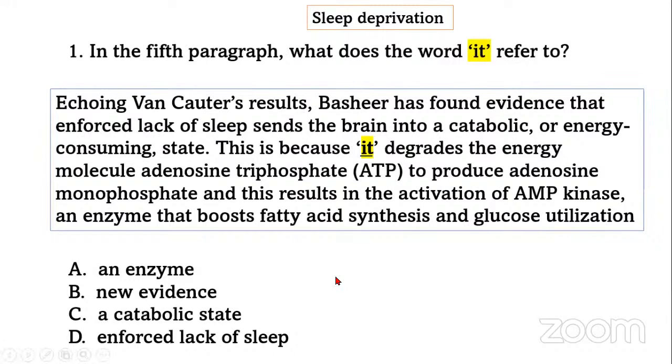Whenever there is a comma in the starting part, or it is an introductory part, it may not be necessary for us. And the remaining part: Bashir has found evidence that.